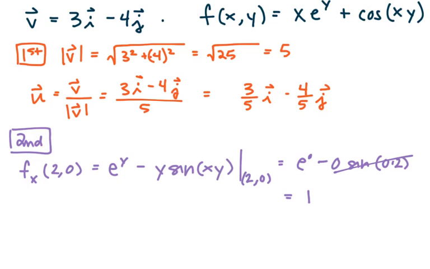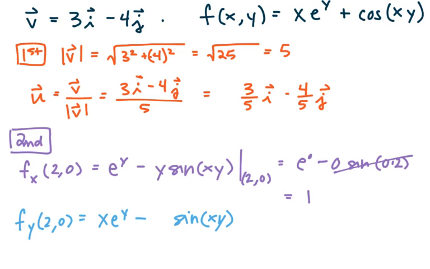All right, so we'll do a similar partial with respect to y at that ordered pair of my multivariable function. So x is a coefficient. The derivative of e to the y is e to the y. So I will have x e to the y. Taking the derivative of cosine, I'm going to get negative sine of x y, x times y. And I need to take the derivative of the inside.